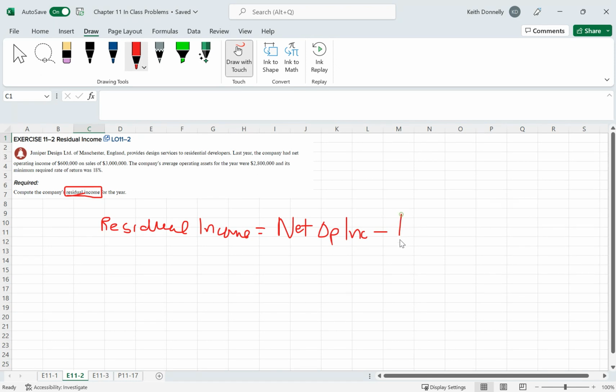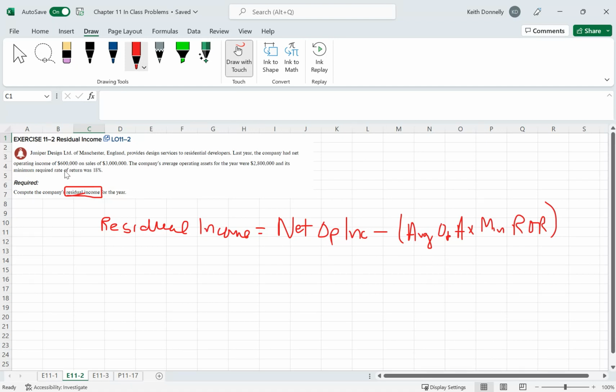Essentially what we do is our average operating assets times the minimum required rate of return.